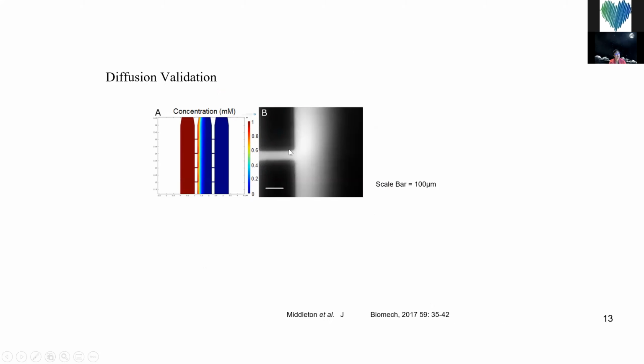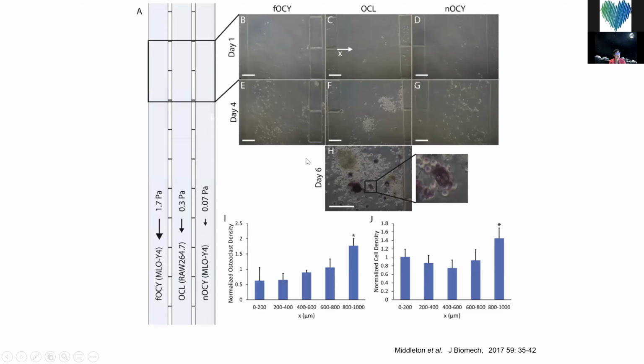We use fluorescent beads to demonstrate that the signal can get across these very fine side channels from one channel to another. We can establish the signal gradients beautifully, and that allows us to look at how cells communicate when there's real-time communication between different cell populations.